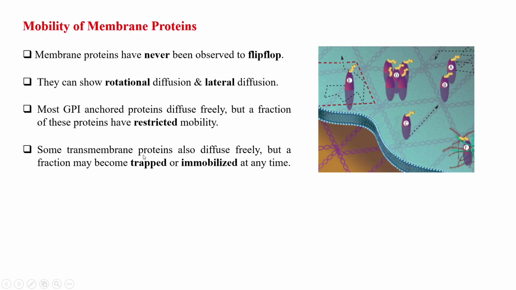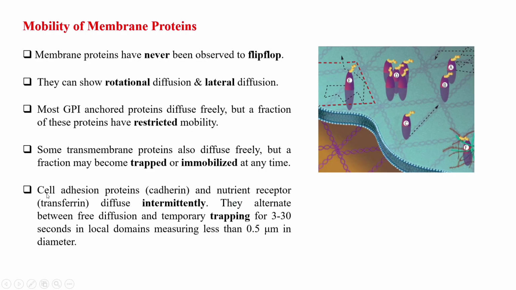Now, some transmembrane proteins also diffuse freely, but a fraction may become trapped or immobilized at any time. Examples are cell adhesion proteins like cadherin, and nutrient receptors like the transferrin receptor. This transferrin receptor transports iron into the cell. They diffuse intermittently, which means they alternate between free diffusion and temporary trapping for 3 to 30 seconds.